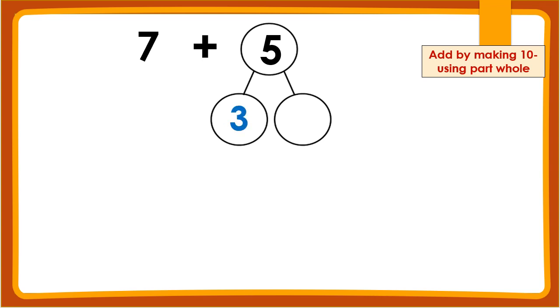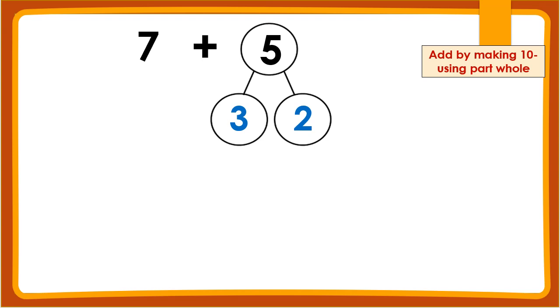So, we wrote 3 here. Now that one part of 5 has been shown, what is its other part? Exactly, 2. We are done splitting number 5 into two parts.